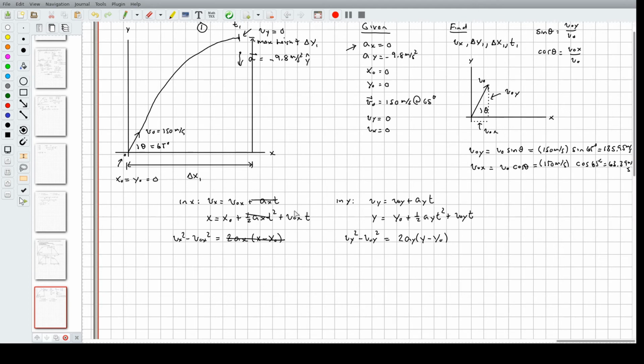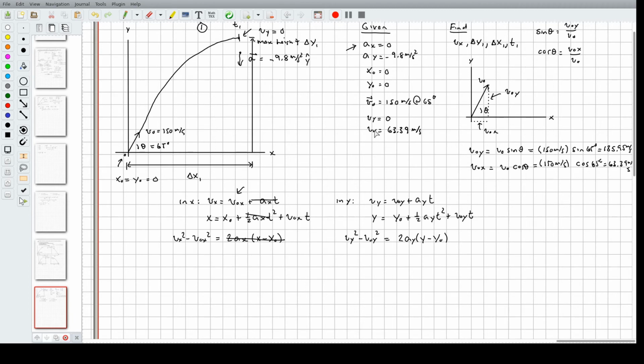Now, before I plug in any other stuff that I know, I want to point out that what this says is that our velocity in the x direction at any given time is the same as the initial velocity in the x direction. So what that means is that here, this is 63.39 meters per second.